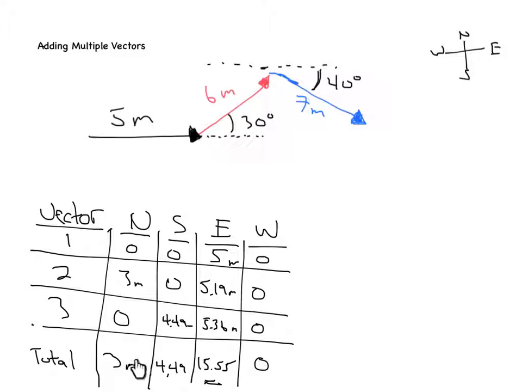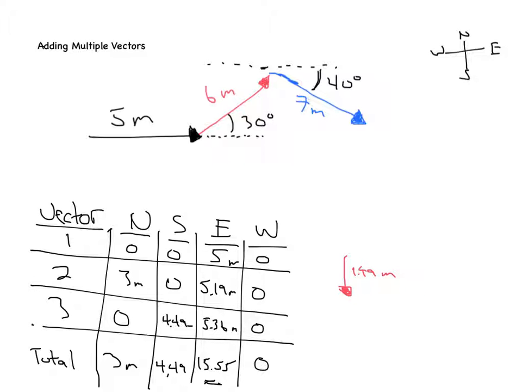So we do that now. The north and the south vectors are going to add up to make a combined vector, and I'm going to draw the combined vectors over here. They're going to make a combined vector south of 1.19 meters, right? Because a 3 meter north and a 4.49 meter south vector would subtract from each other, and what you'd be left with is 1.49, not 1.19.